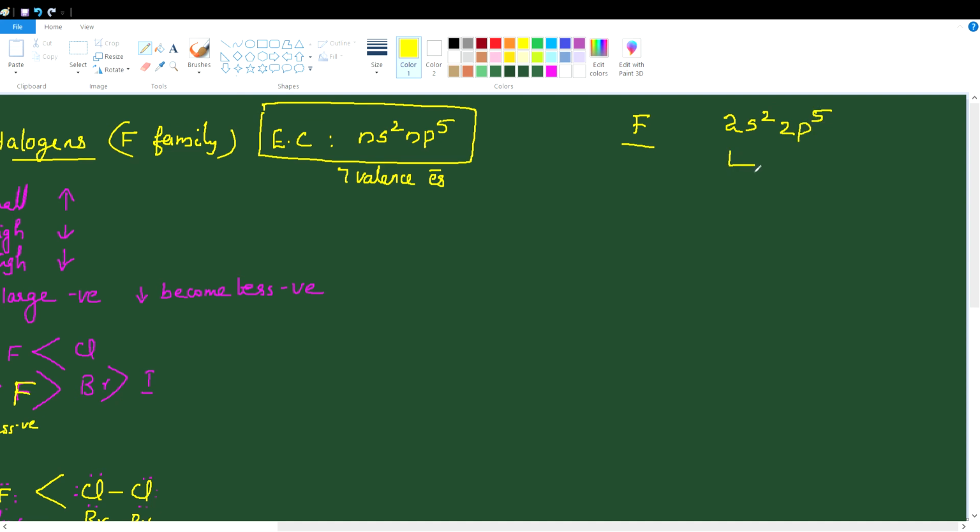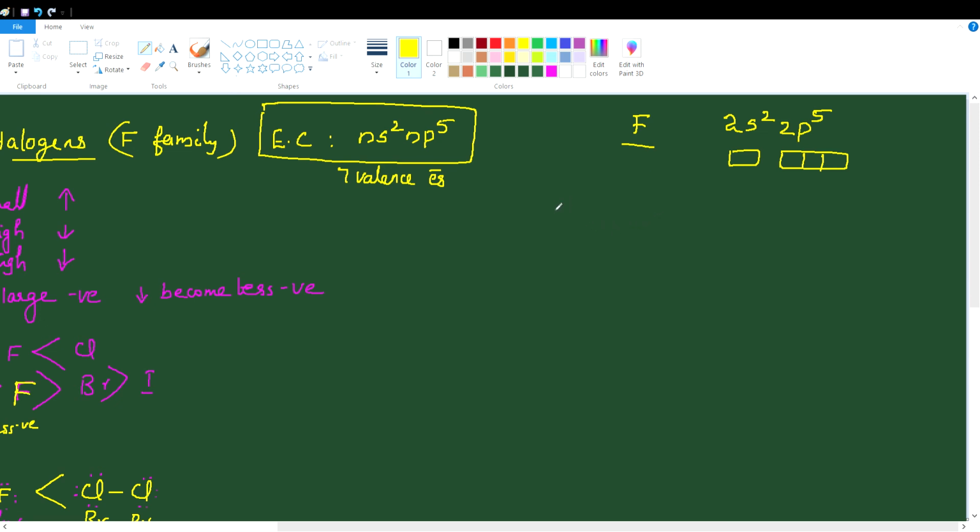Only s orbitals and p orbitals are available for bonding. D atomic orbitals are absent. Fluorine is very reactive, in fact the most reactive halogen. Most of the reactions of fluorine are exothermic because it forms strong bonds with the other elements.